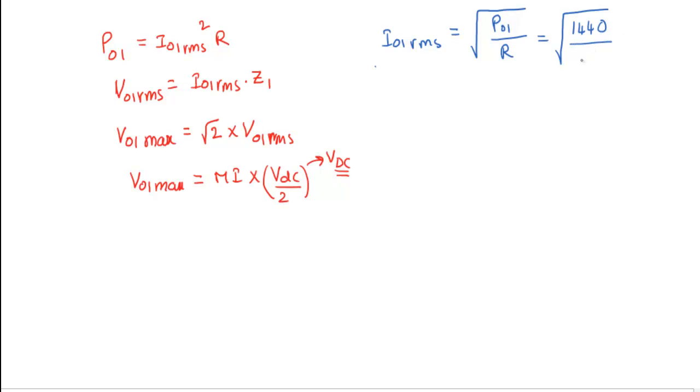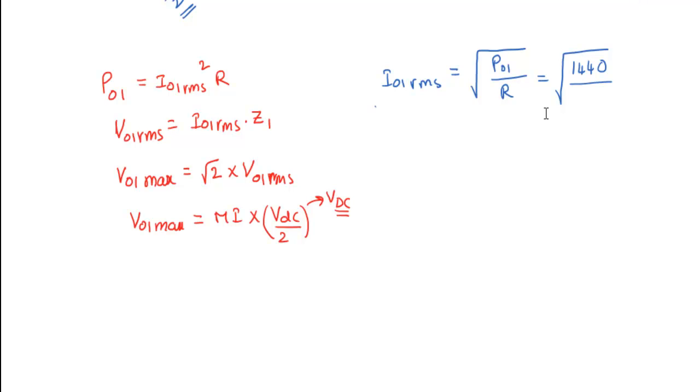Resistance is given, it is 40 ohms. If you take 40 ohms, then it directly gives you a current of 6 ampere. Now substitute here.